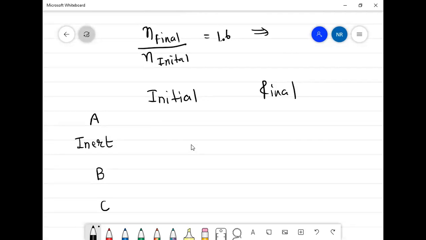If you don't know the initial number of moles, you can take X, or you can take 100 moles, calculate final and initial, and then we can proceed. So can you do this?